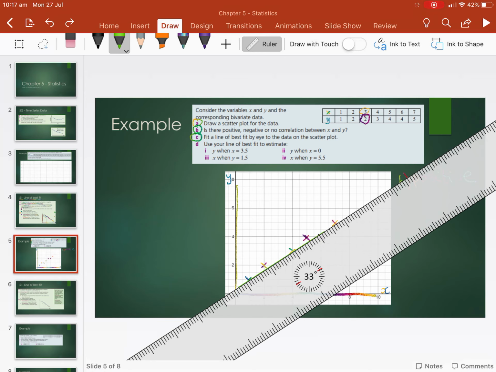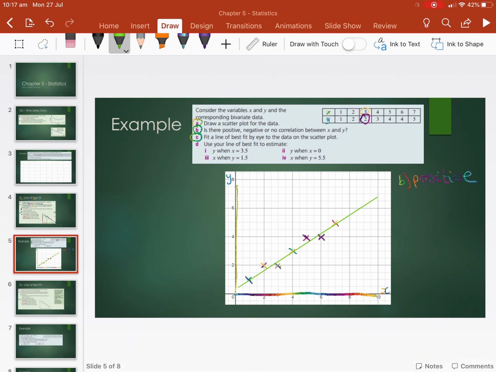And put our line of best fit by eye, just meaning I'm doing this by myself. And we'll take it off. So that's a pretty good line of best fit because I've got 2 points on this side of the line and 2 points on the other side and my line's going through the other 3. So it's really even. Okay, so that's my line of best fit, so that's C.